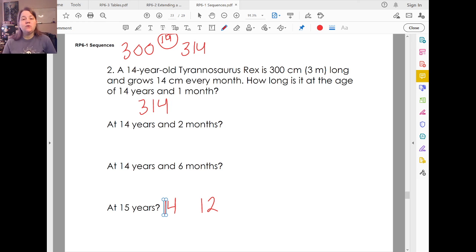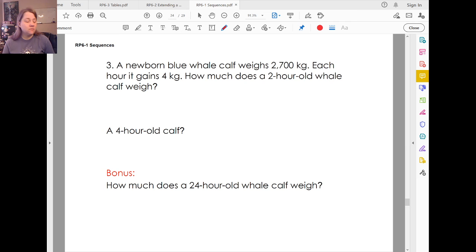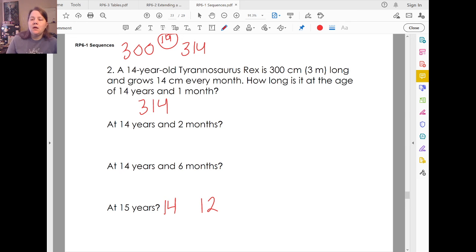I'm going to let you go ahead and continue that pattern. Just kidding. So we're going to go ahead and continue to figure out at the end of 2 months, which is when we're going to add another 14, which is going to be 328.